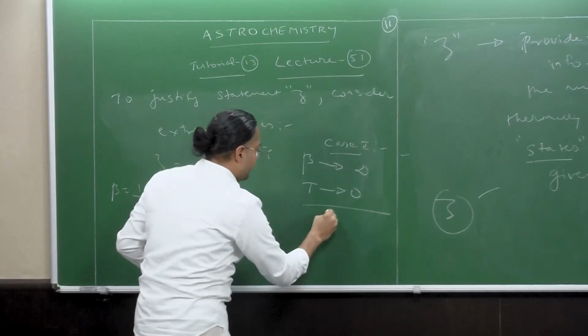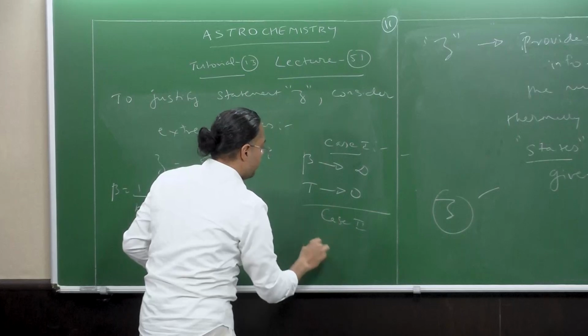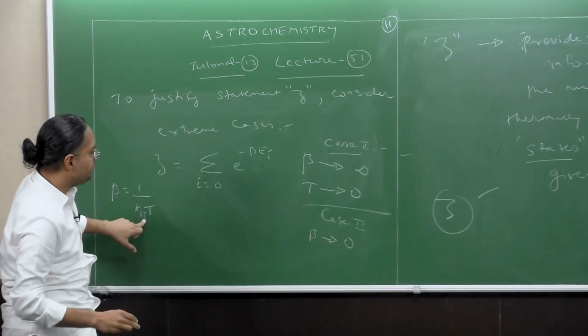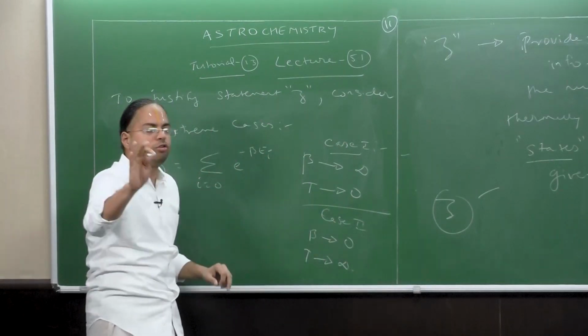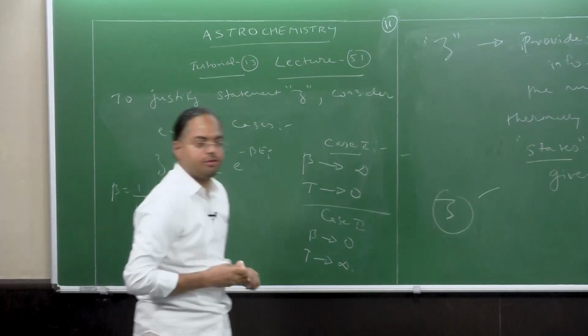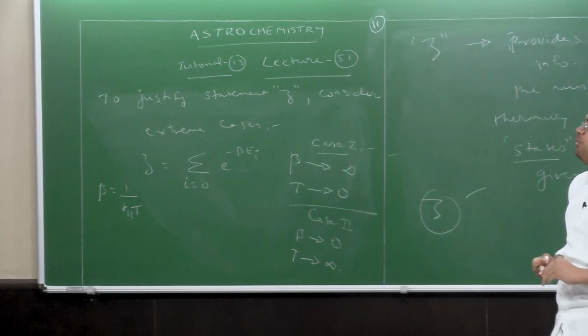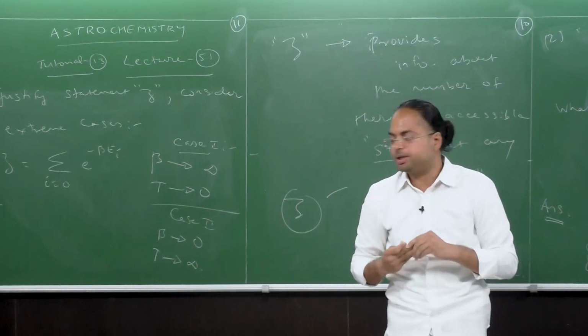The other case is going to be beta tends to 0, which means my temperature tends to infinity. By considering these two extreme cases, we shall be justifying the statement that the partition function is a measure of the thermally accessible states at any given temperature.